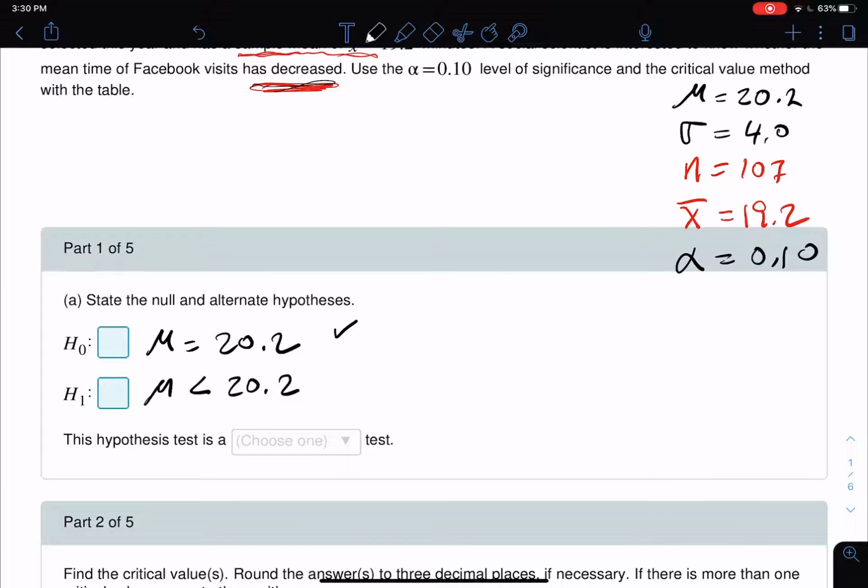Now last time I did some problems, we talked about how to tell if it's left-tailed, right-tailed, or two-tailed. I'll put that up over here just as information. How do you know what tail it is? You always look at the alternate hypothesis.